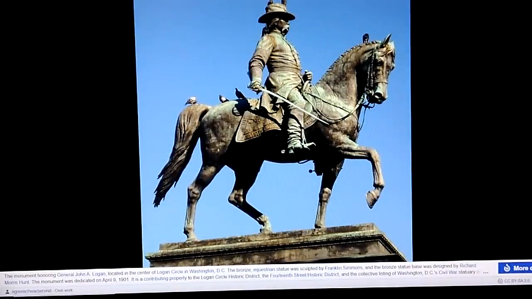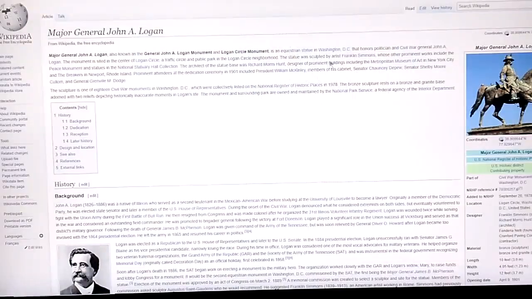The man's name was Major General John A. Logan, and we'll go ahead and bring up this picture. He fought for the Union, I believe, but he was from the South, if I'm not mistaken. Native of Illinois, second lieutenant in the Mexican-American War, studying at the University of Louisville. He was a Democrat of that time.